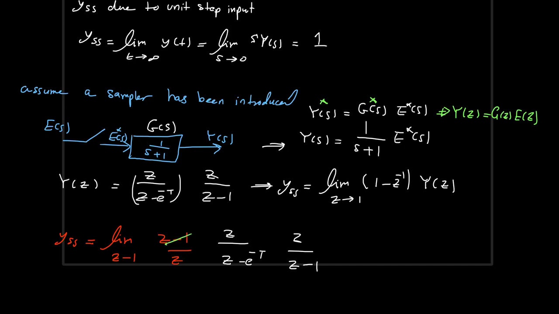So this one will be cancelled, and we'll end up with z over z minus exponential of minus T evaluated at z equal to 1, which will equal 1 over 1 minus exponential minus T.